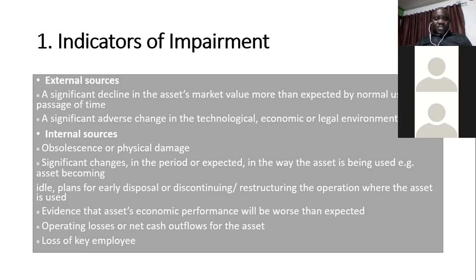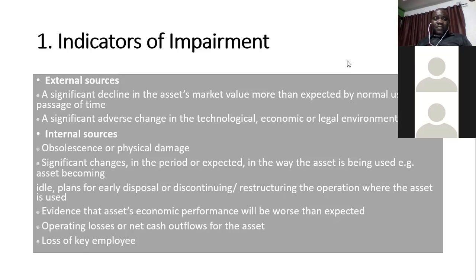Then we have also internal influences or sources that would lead to an organization performing an impairment test. One of them would just be obsolescence or physical damage.